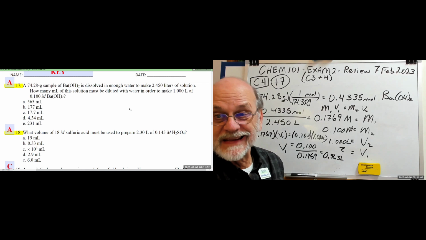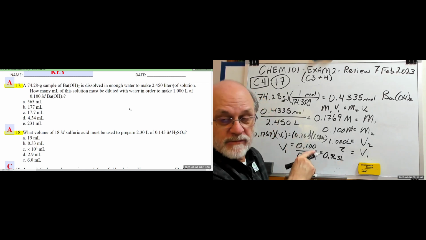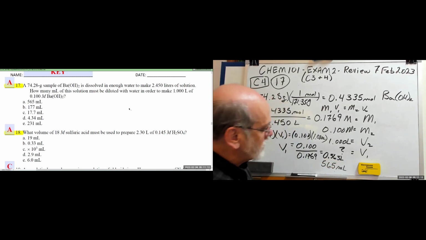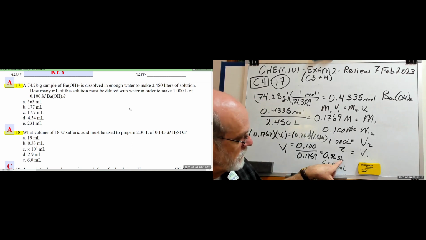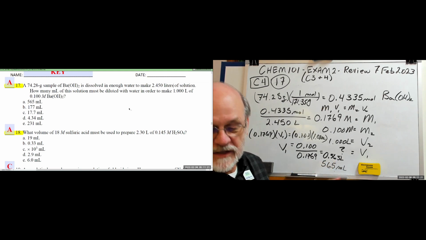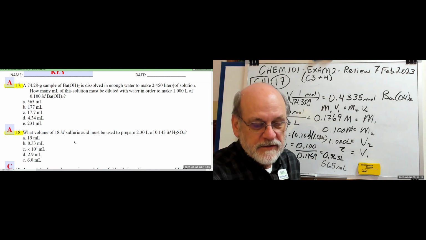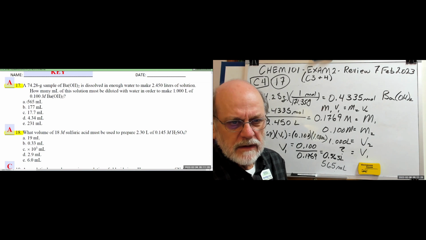Our answer is in milliliters. So 1 liter is 1,000 milliliters. That means this is 565 milliliters. Notice the unit of measure went smaller. That means the number has to get bigger just to keep you honest and going in the right direction. So the answer to that one is A, 565 milliliters.